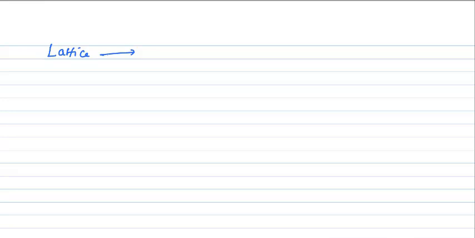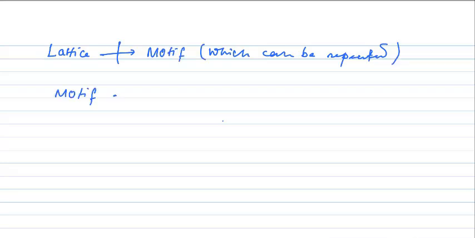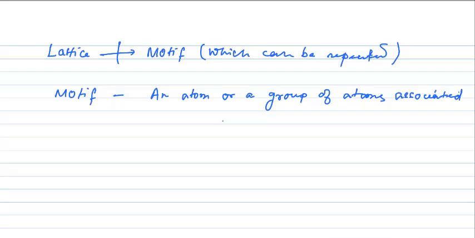So with lattice we need something, lattice plus something which can be repeated in a periodic manner to generate the crystal structure. That something is known as a motif. Motif can be defined as an atom or a group of atoms associated with each lattice point.